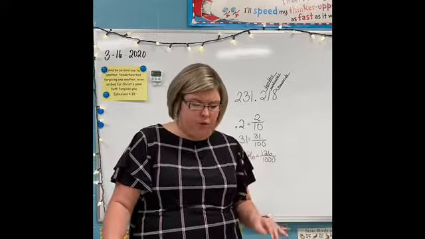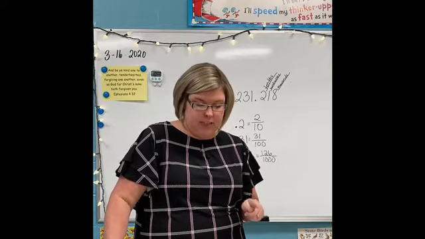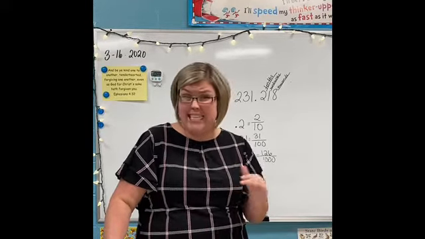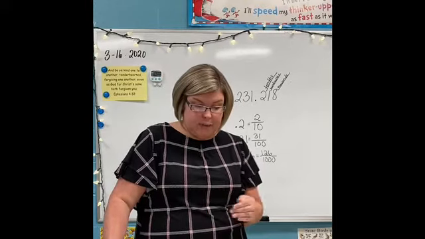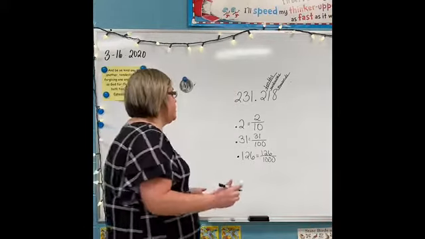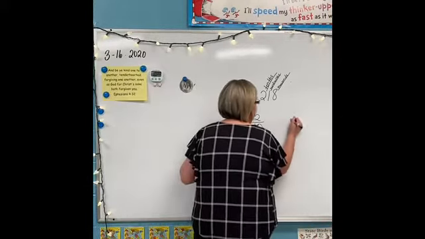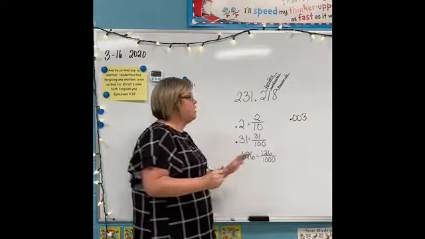Look at rule 5. It says a good rule to remember when writing decimals as fractions is to write as many zeros in the denominator as there are decimal places in the decimal. So for example, look at this one. This might throw you off a little bit. You've got 0.003.